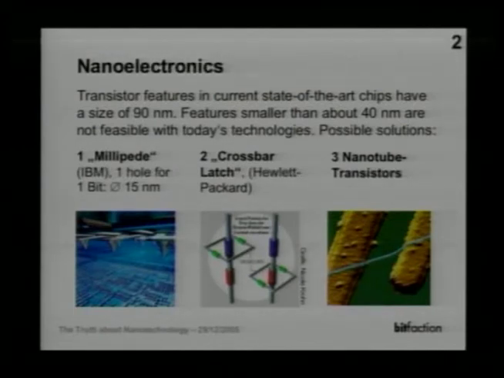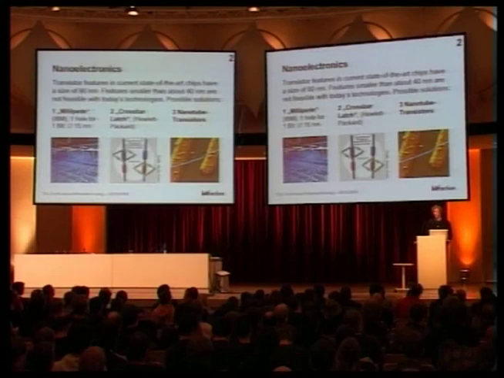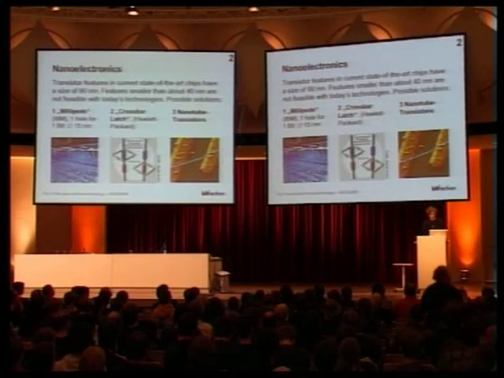The ring can either be further down or further up. And then you could say, well, if it's up, it's a bit value 1, or if it's down, it's a bit value 0. And they have built already a prototype that is working quite well. But then, of course, nobody knows how many years it will take until we have a crossbar latch in a computer or for storage or whatever.